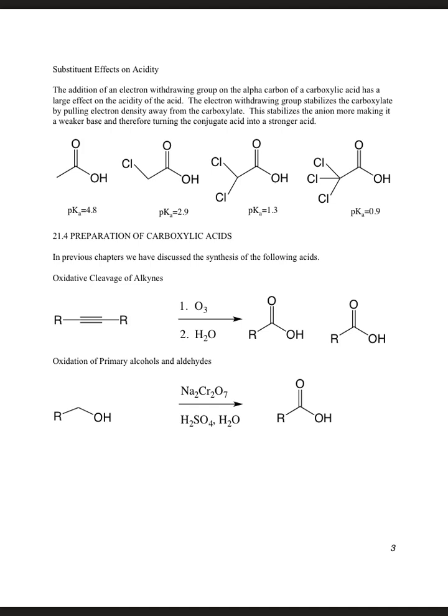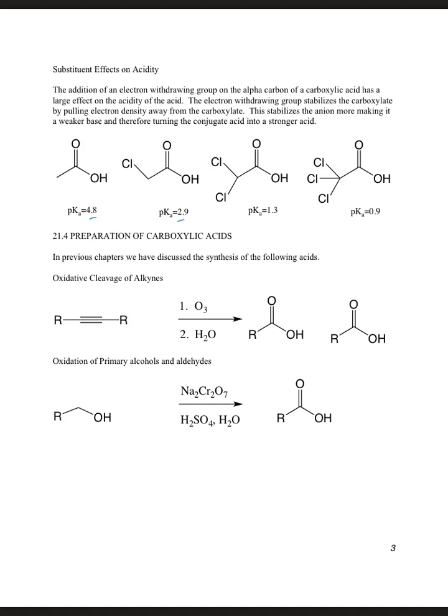So substituent effects on the acidity of a carboxylic acid. A plain carboxylic acid, acetic acid, is roughly 4.8, 4.7, right around in there. If we add a chlorine onto the alpha carbon, we have that electron pull of the chlorine, being such a high electronegativity, that it lowers the pKa from the high 4s to the high 2s.